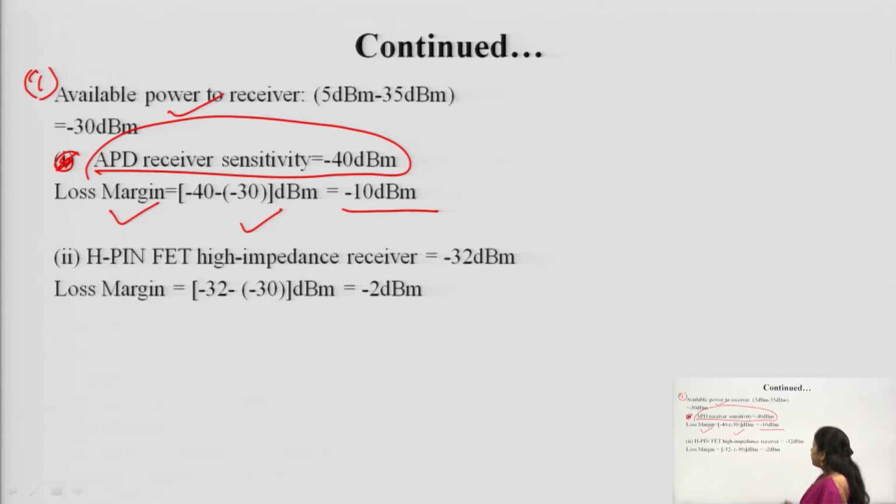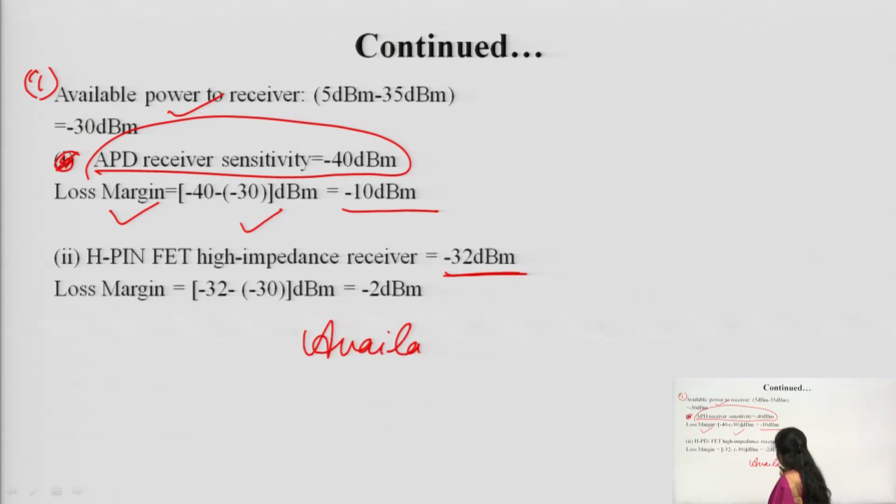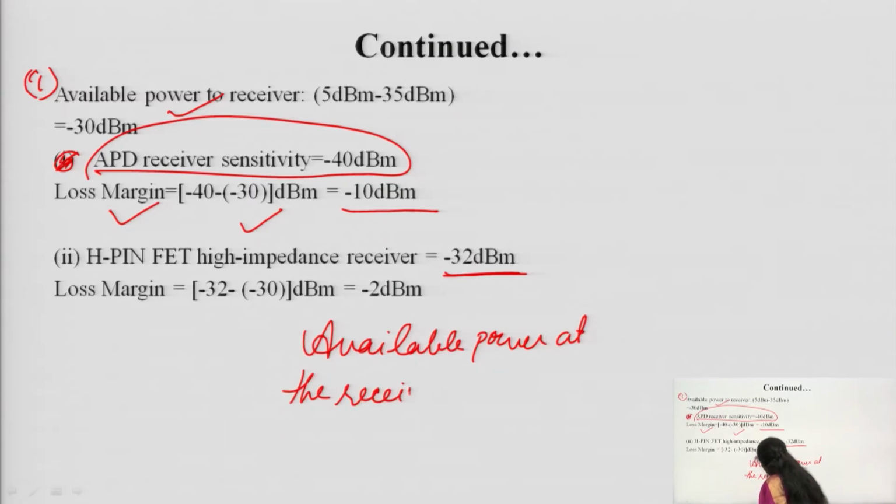And for the hybrid pin-FET high impedance receiver, the receiver sensitivity is minus 32 dBm, and the available power at the receiver is again minus 30 dBm. This will remain the same for both the cases.